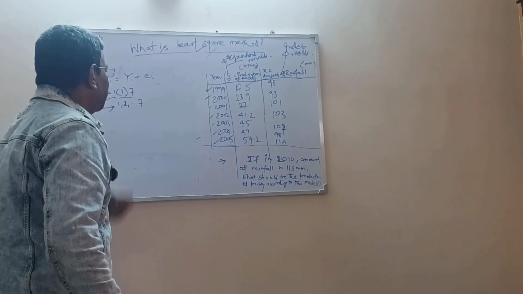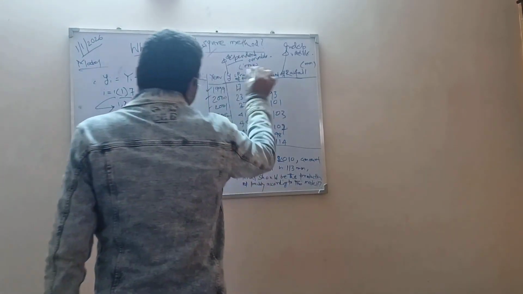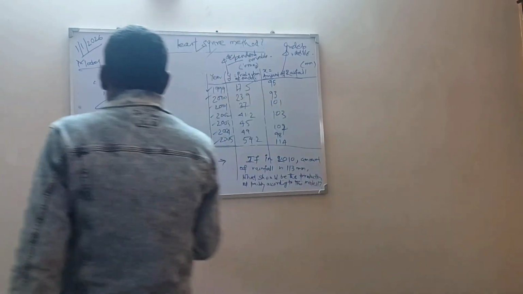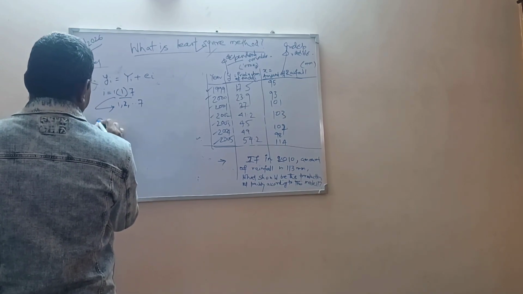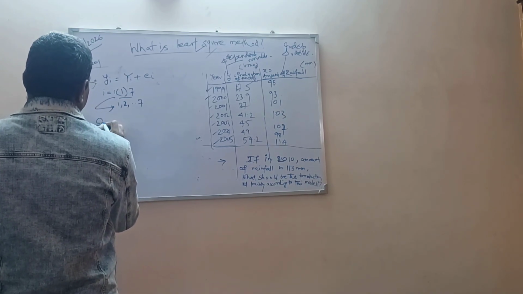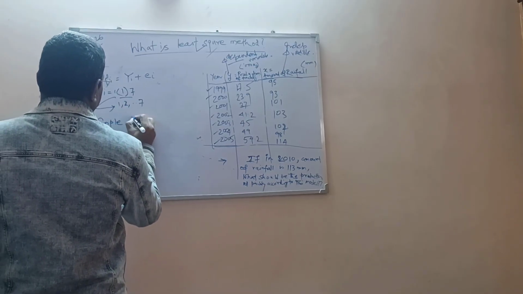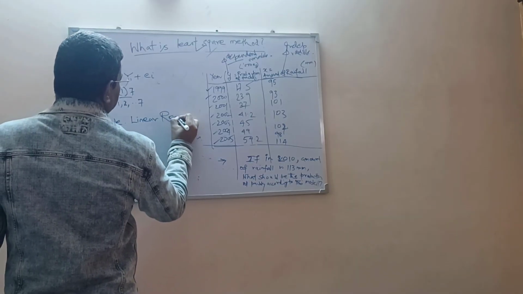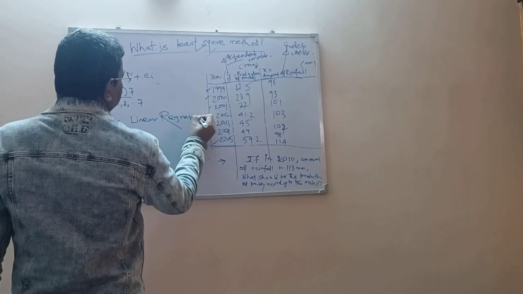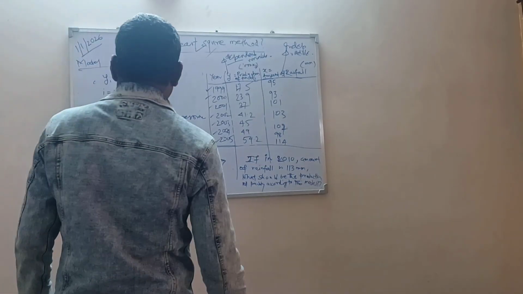So I have this data, and since I have only two variables, we call it simple linear regression.